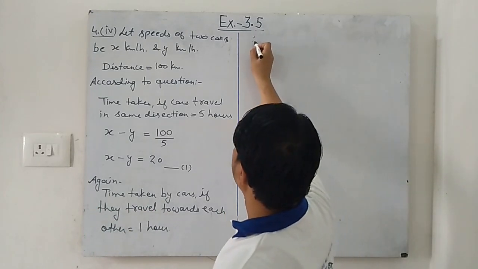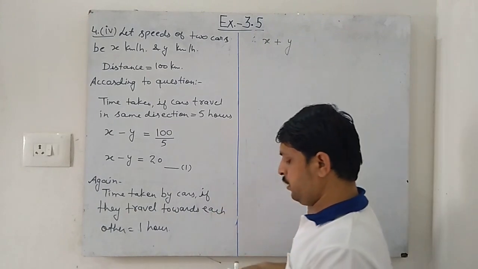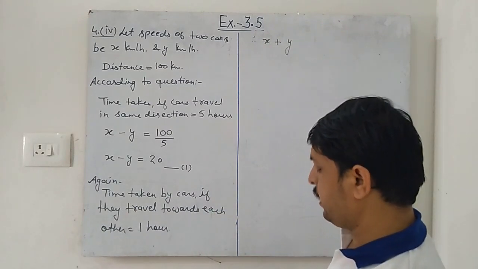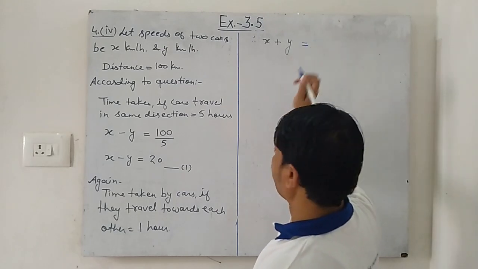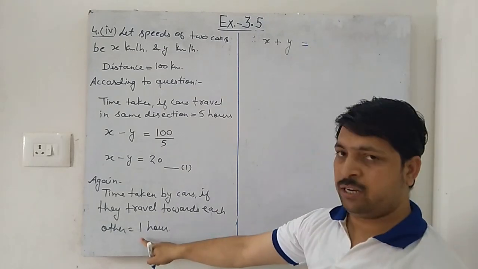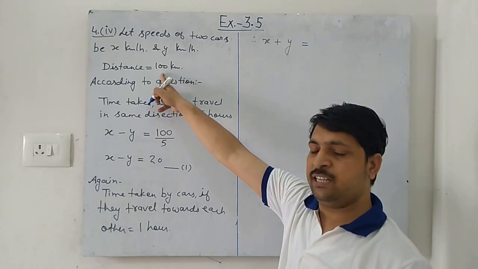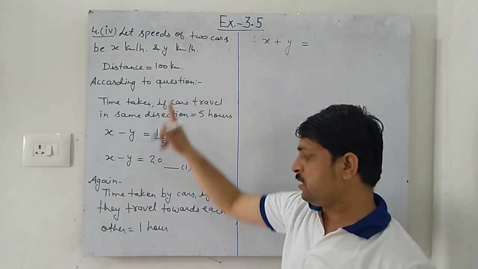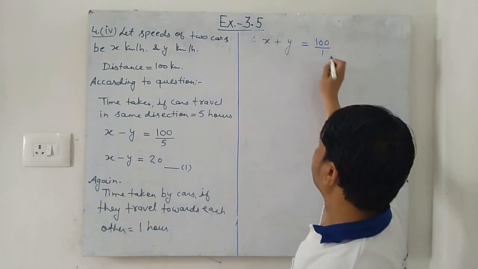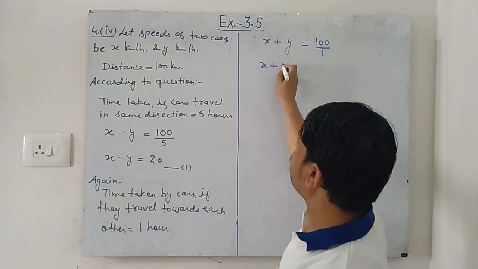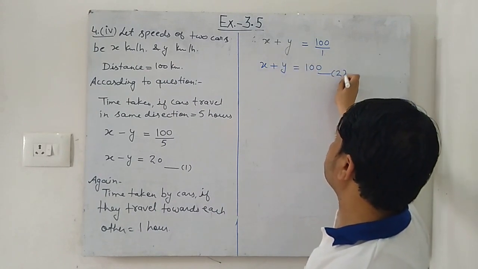So x plus y, relative speed, will be equal to, now they are taking 1 hour, total distance is 100 kilometer. So speed is equal to distance upon time. So 100 upon 1. So we can say x plus y is equal to 100. It is equation number 2.